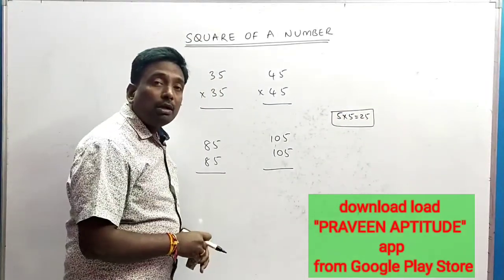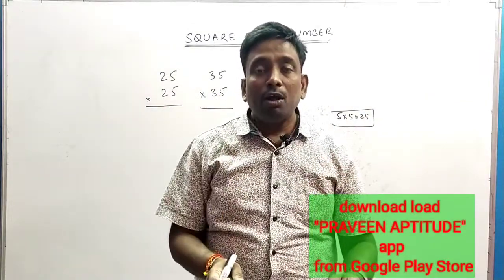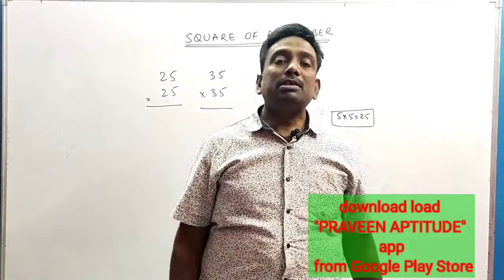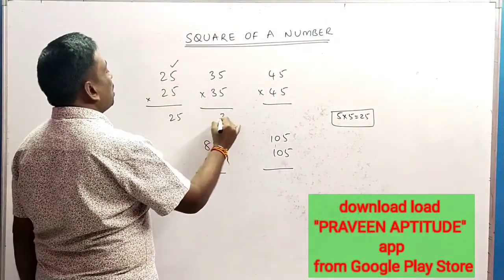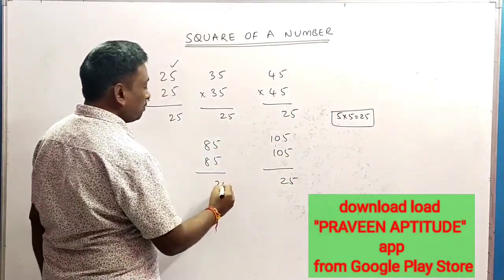This shortcut is applicable in the case of any number whose units digit is 5. In this case, simply take 5 5s are 25. In any case you write like this only, 25.